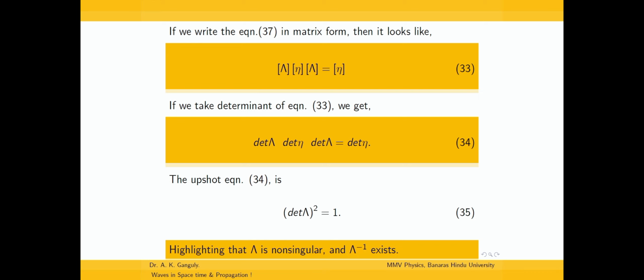If lambda exists, then lambda inverse also exists, and what that means is if one lambda happens to be a Lorentz transformation matrix, then its inverse also is a Lorentz transformation matrix. That is the upshot of this particular equation.